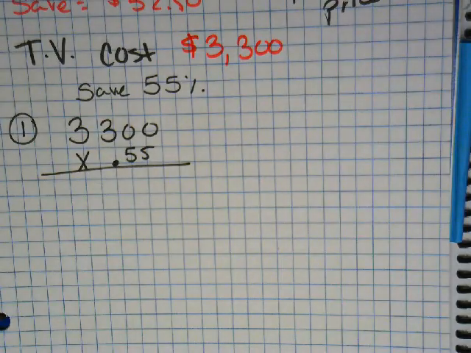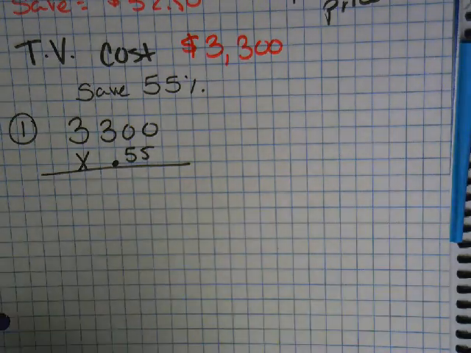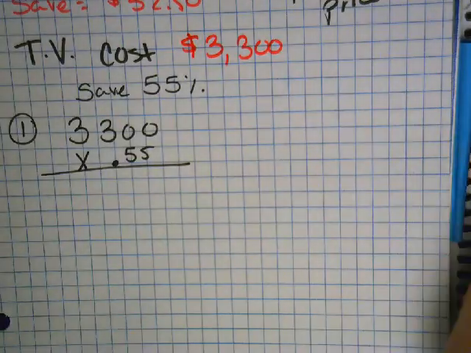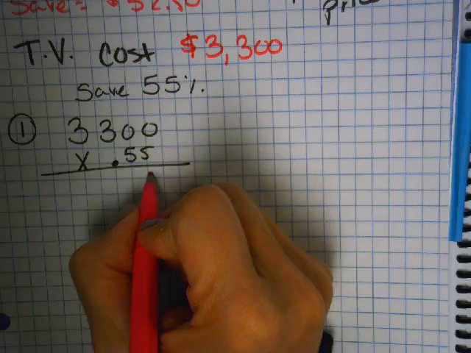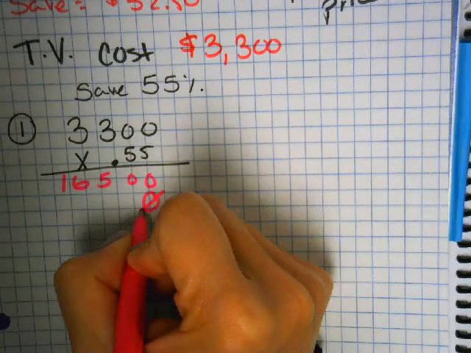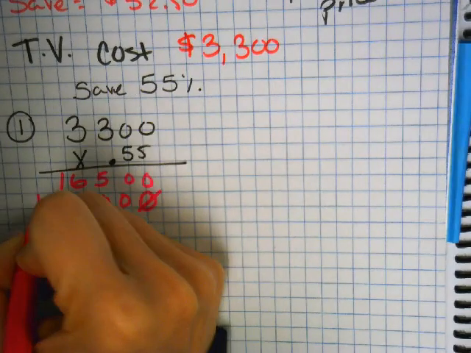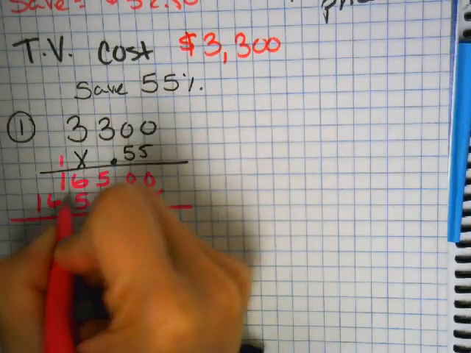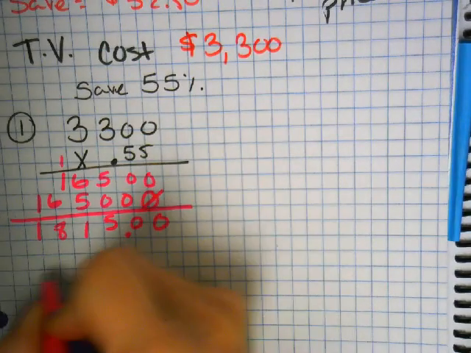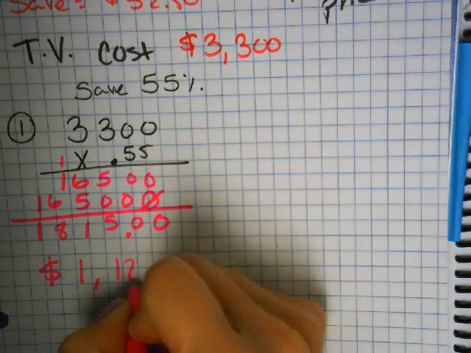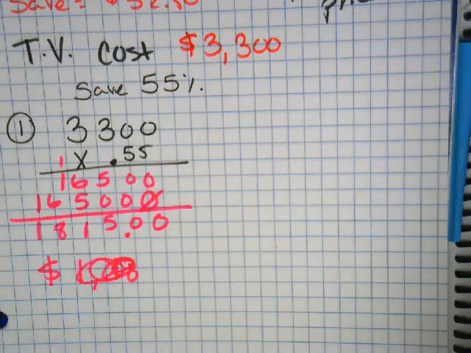0.55. How much do I save? 1,800 and what? 15.